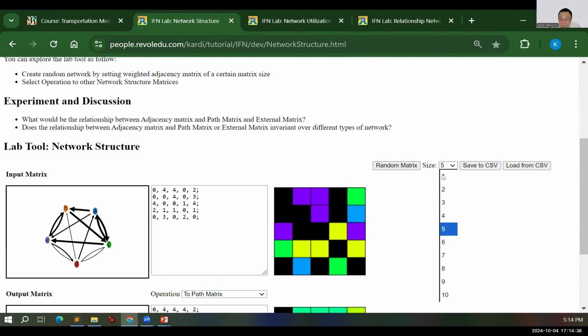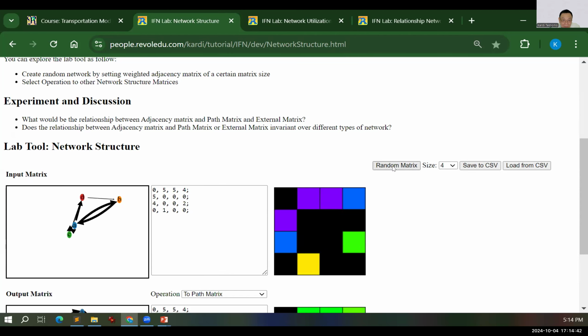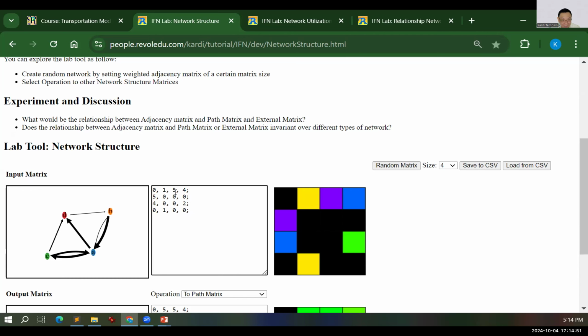Say I have a 4 by 4 matrix, I can create it here. Of course, you can change this value. For example, I can change this to 2 or 1. This one becomes 2. Every time you change it, this network will also change.